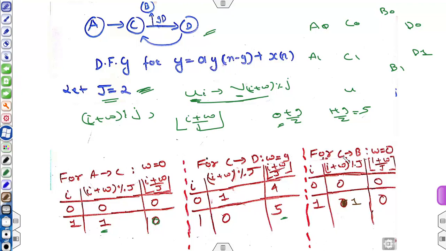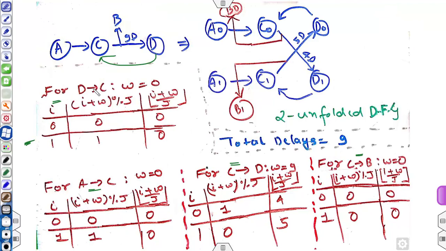For the edge between C to B, w is 0, and the calculated value is shown in the table. Okay, so for this w is 0, and for this w is also 0, so the values will be the same. So you can use this same value. Just for explanation I have drawn this table. And for the edge between D to C, w is also 0, so same value.